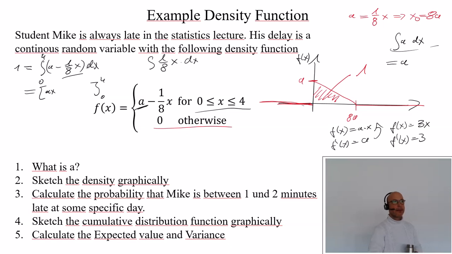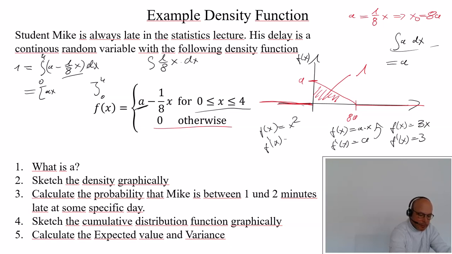Again, you have to think about the question, which function has the derivative 1 over 8 times x? F of x equals x squared.